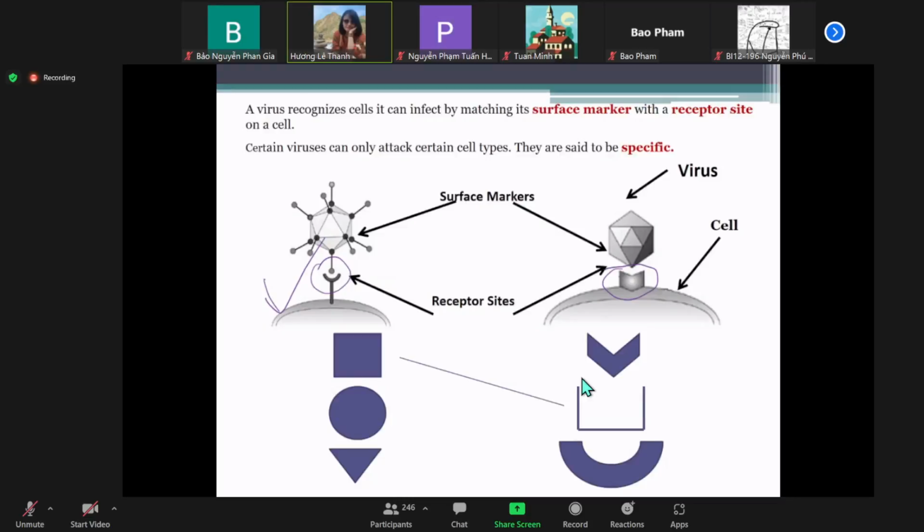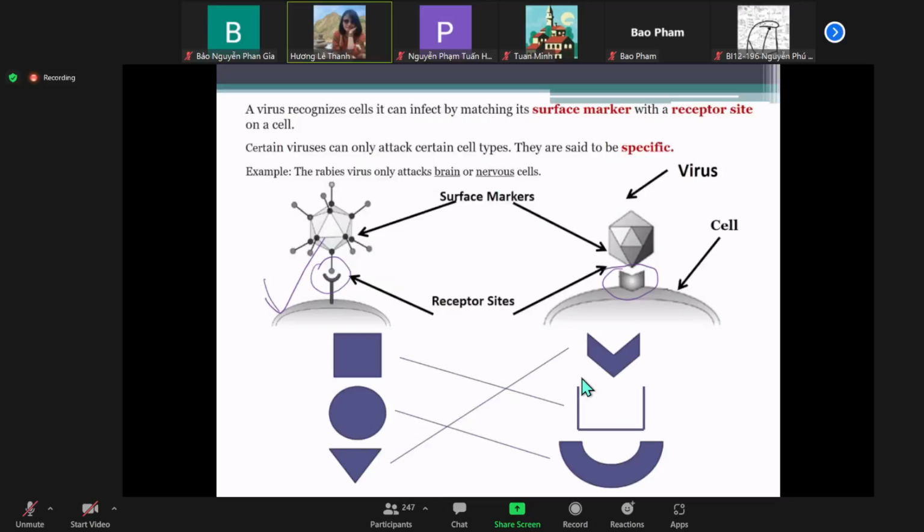If the virus has a square shape, it can only attack receptors shaped like squares; triangles only attack receptors shaped like triangles. For example, rabies virus can only attack brain or nervous cells, and coronavirus can only attack lung cells, right?